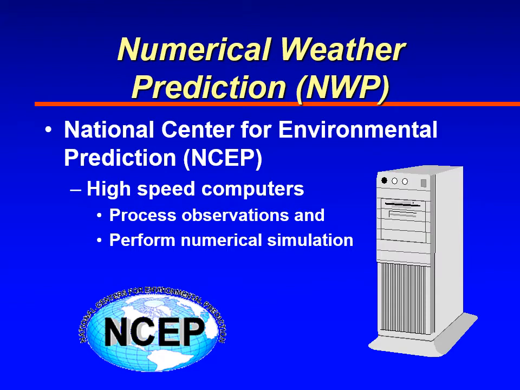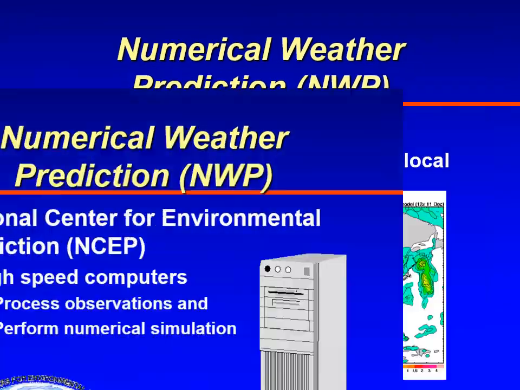There they have a suite of high-speed computers that take all of the observations across the United States, both surface and aloft. They try to fit that to grid points in the computer models through what they call data assimilation. And then from those initial conditions, they try to perform a numerical simulation of the atmosphere using the equations of numerical weather prediction.